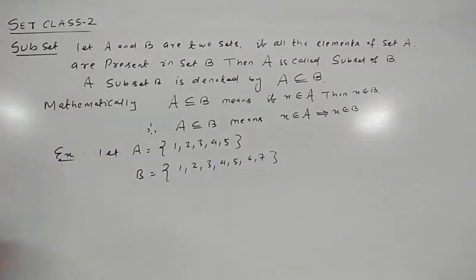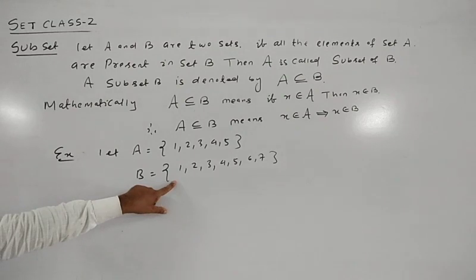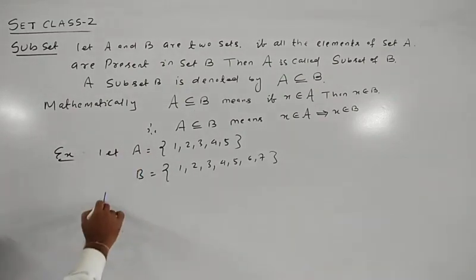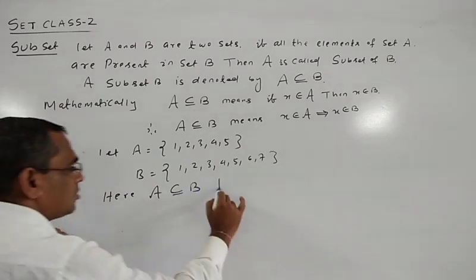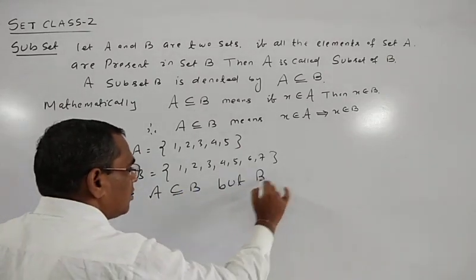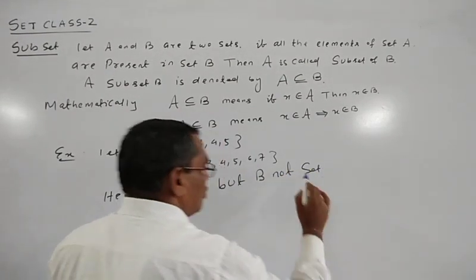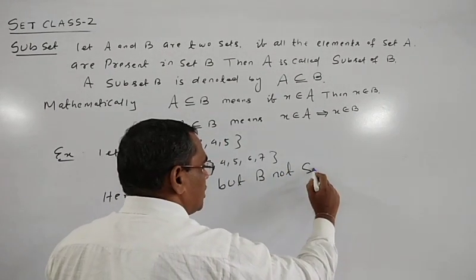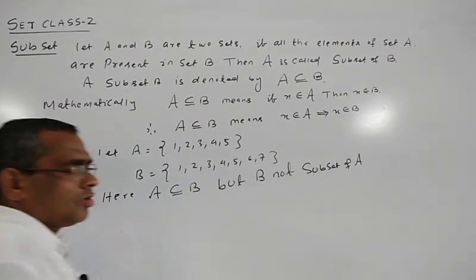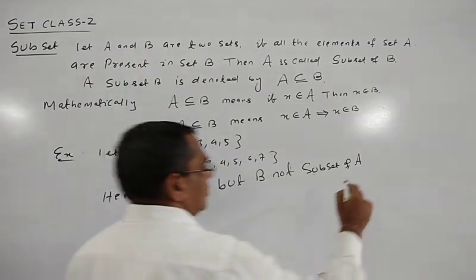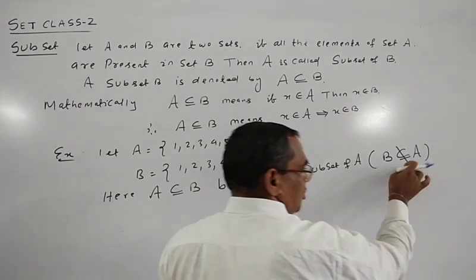Here clearly all the elements of set A are present in B, but all the elements of B are not present in A. Here A is a subset of B, but B is not a subset of A. This is the symbol of not subset.